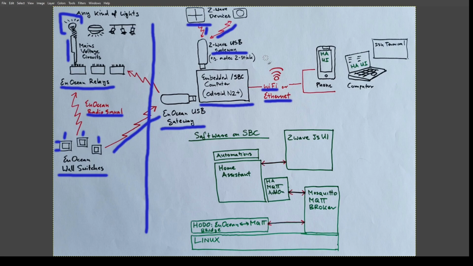Also important is that the EnOcean stick can also send its own radio messages to the relay box. So now, if we are able to program this correctly, and that's going to be the challenging part, we can not only switch the relays from the EnOcean wall switches, we can also switch them from the computer.